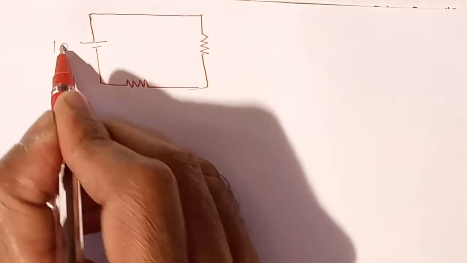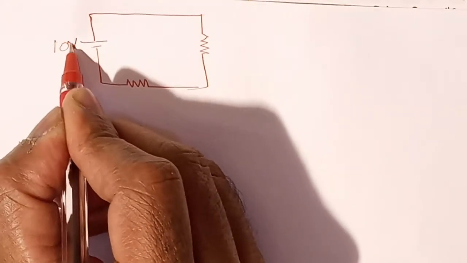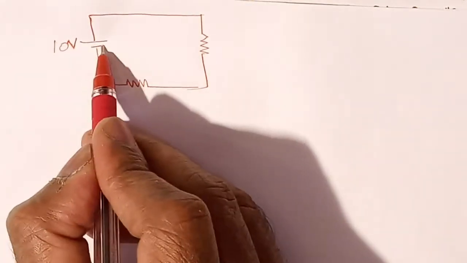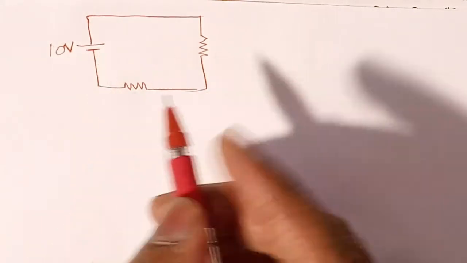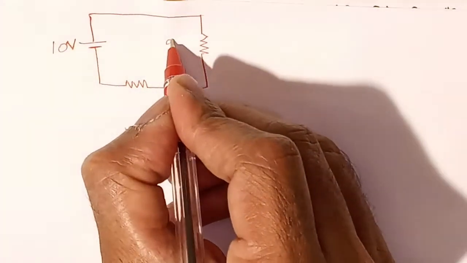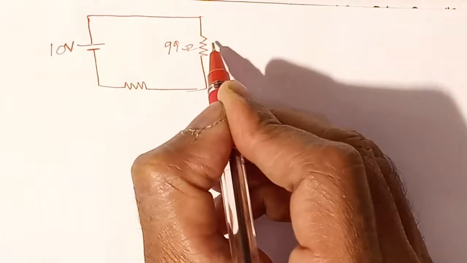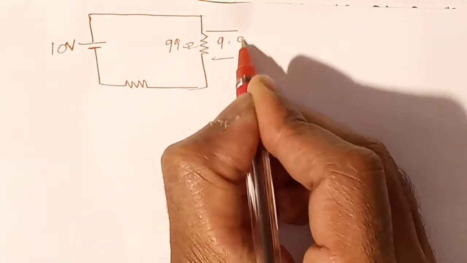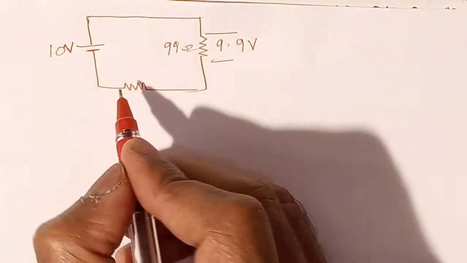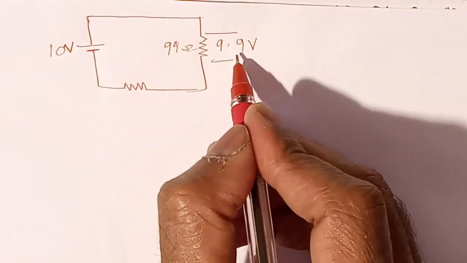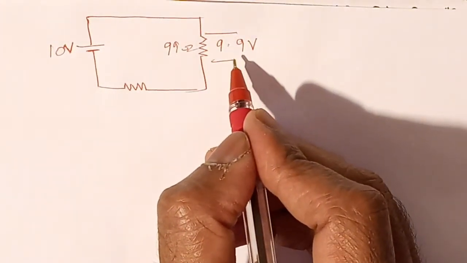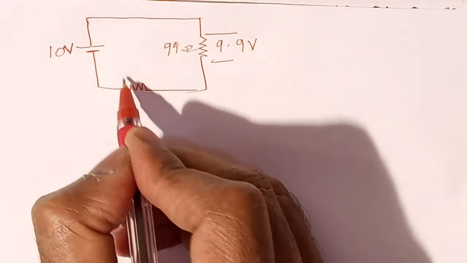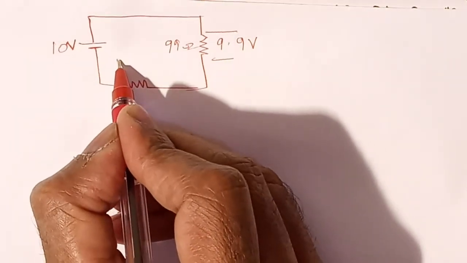So we have a battery of 10 volt open circuit voltage, that is the EMF of the battery. When we connect 99 ohms as a load, we get a voltage drop of 9.9 volt. That means 0.1 volt is dropping across the internal resistance.